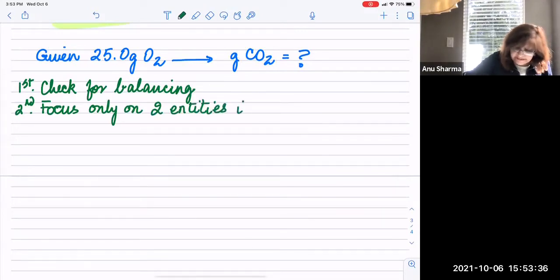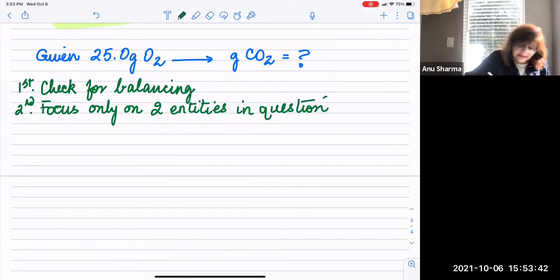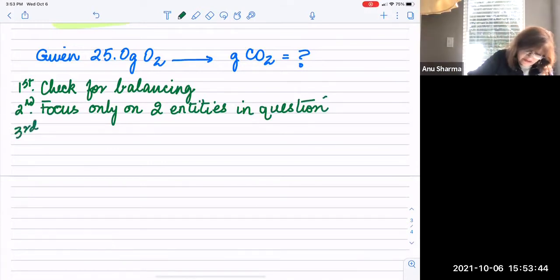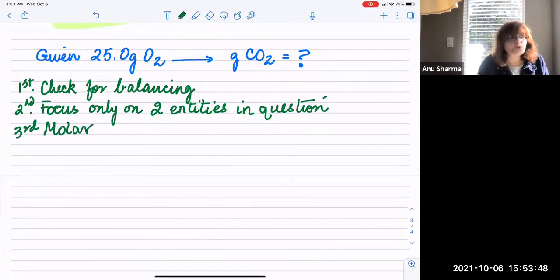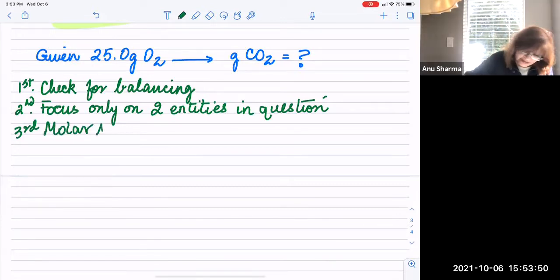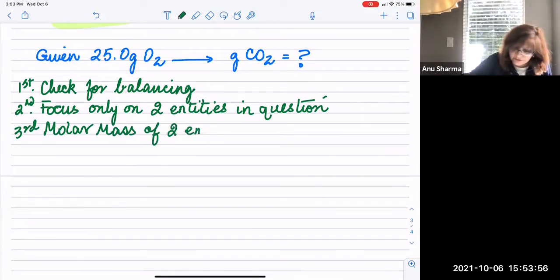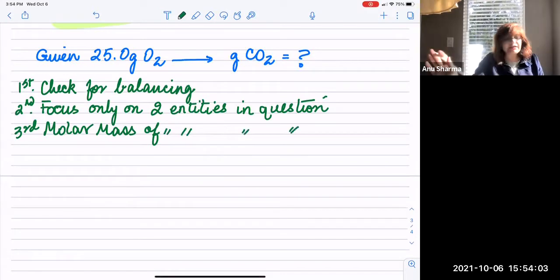Which ones are those? In this case, oxygen and carbon dioxide. Next is find the molar mass. Remember, we are going to be converting grams to moles and moles to grams. So find the molar mass of each of the 2 entities in question. Leave the rest.